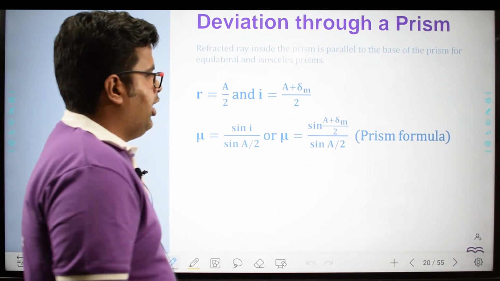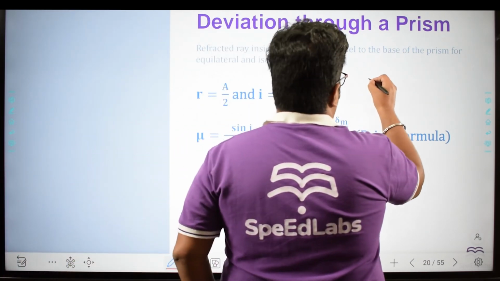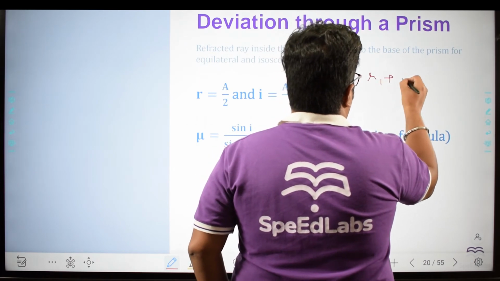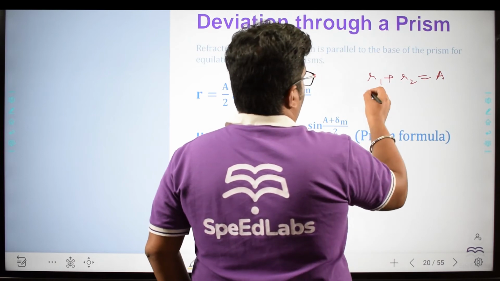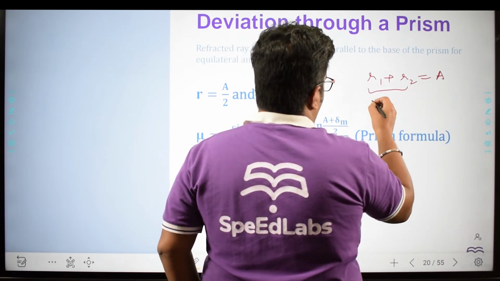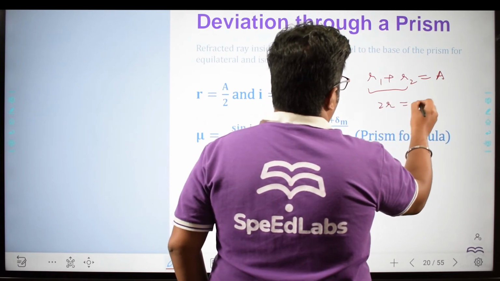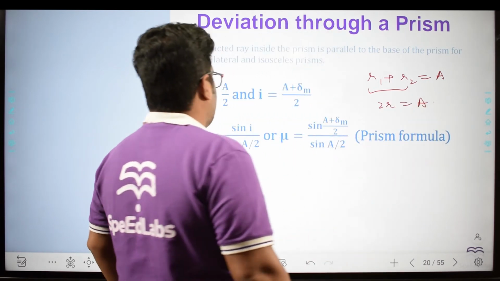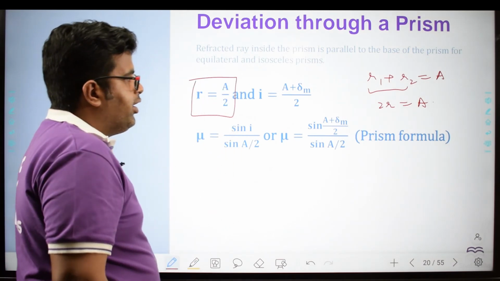You can have a look at the diagram which we have seen earlier. As we have taken the equation R1 plus R2 equals A, and the minimum deviation condition is R1 equals R2 equals R, we'll have R plus R, so 2R equals A. So first of all we get one condition, that is R equals A by 2.